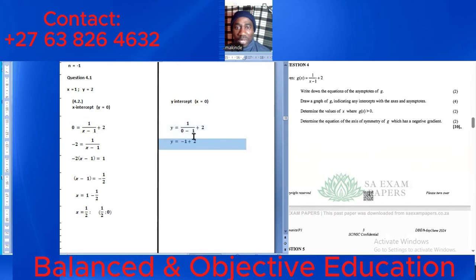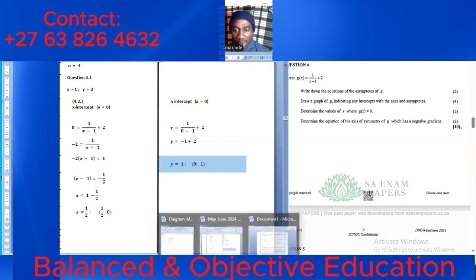So 1 divided by minus 1 is minus 1, plus 2. That means that the value of y in that case will be 1. We can write it in coordinate form. X equals 0 and y equals 1. And we can now draw our graph.